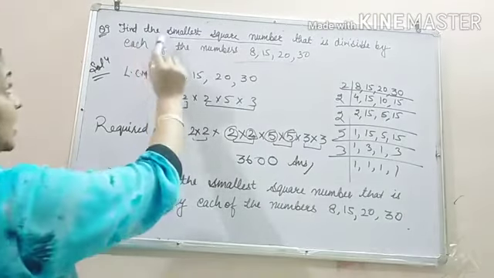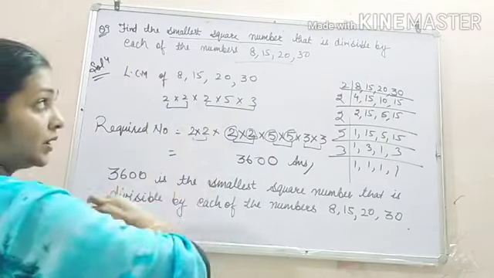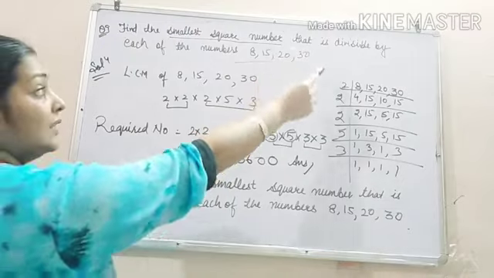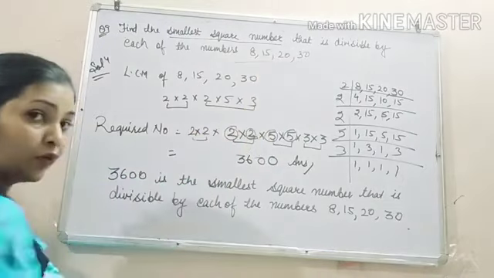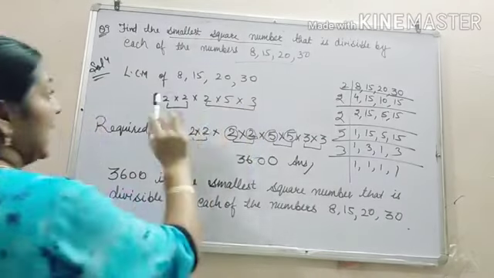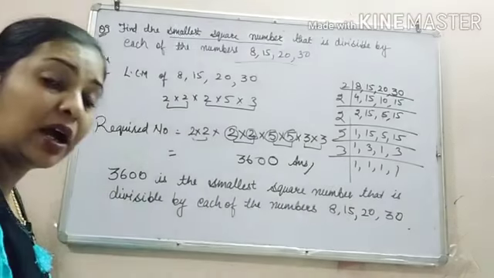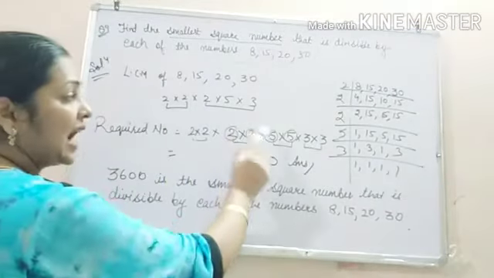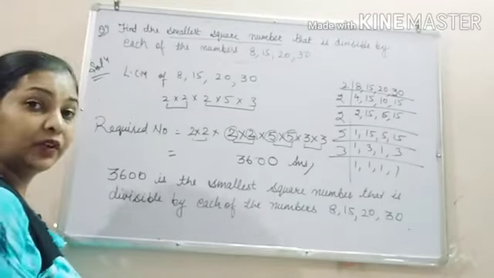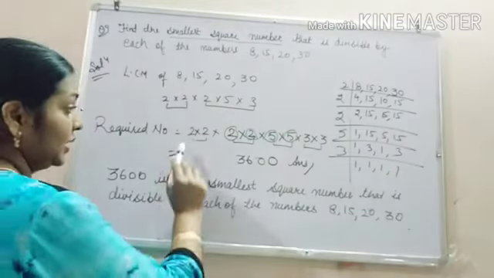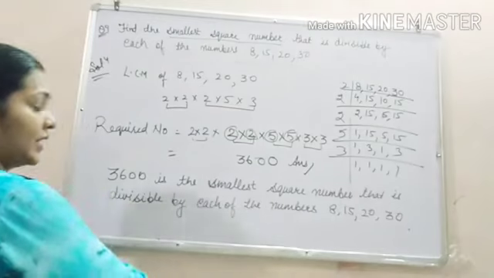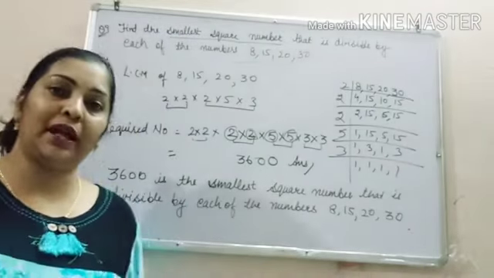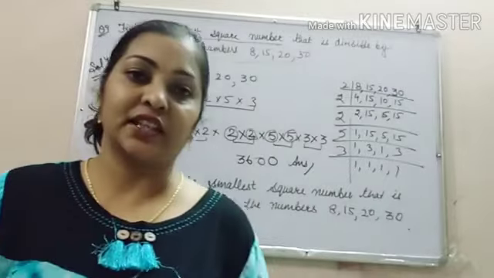Whenever it is being asked that you have to find the smallest square number which is divisible by many of the numbers, then first of all find the LCM of all the given numbers and make that LCM a perfect square by multiplying all the idle factors with the same number. So we get 3600 as our answer. That solves our problem and completes exercise 6.2.